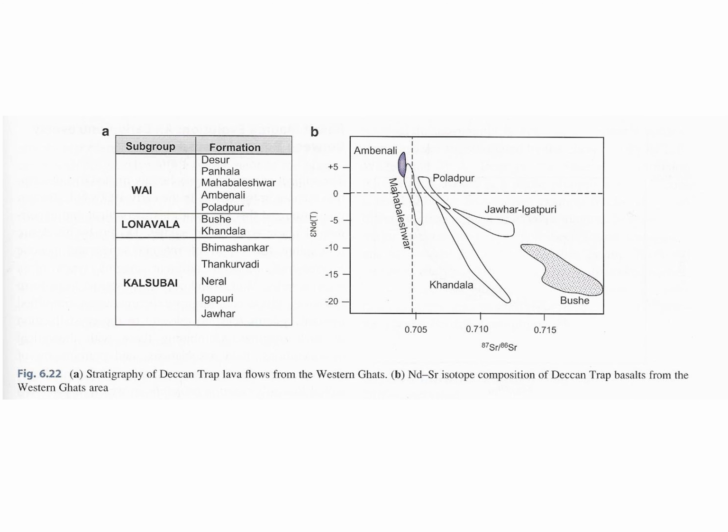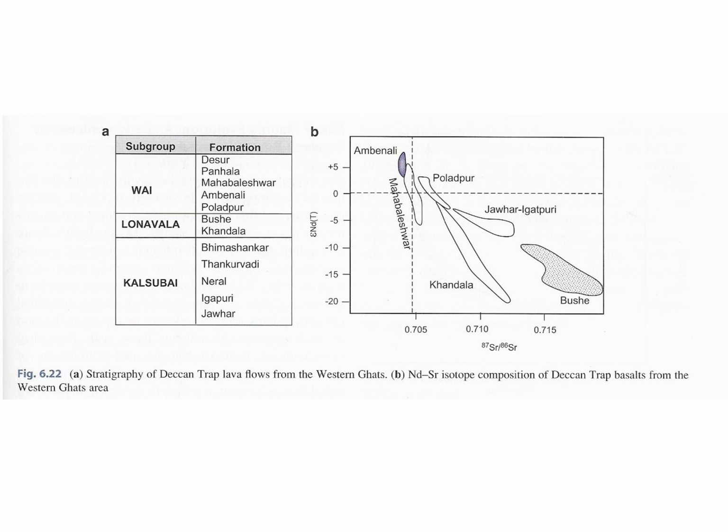And then you can see what they are showing chemically, the variation. So on the block diagram on A, we have the subgroup Wai. We have here the Desur, the Panhala, the Mahabaleshwar, the Ambenali and the Poladpur.